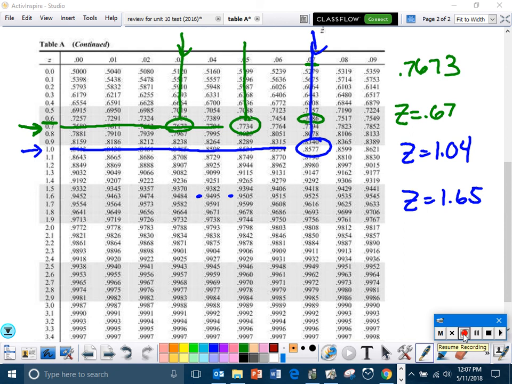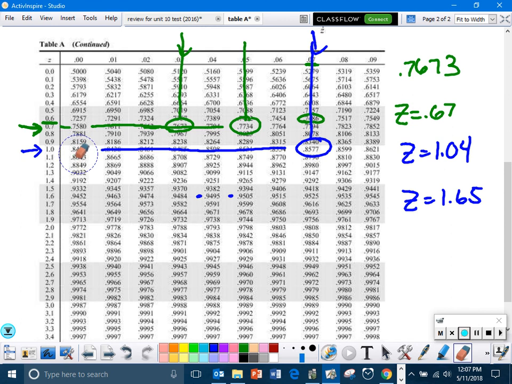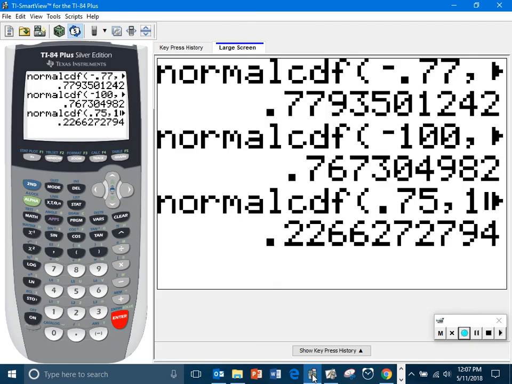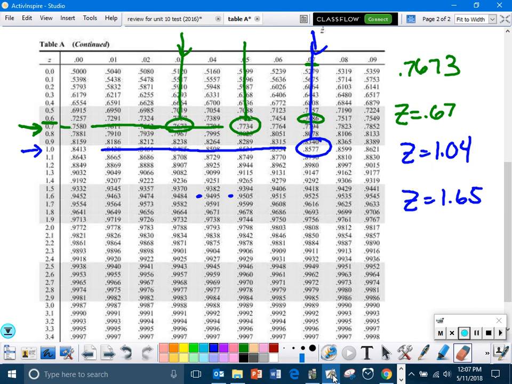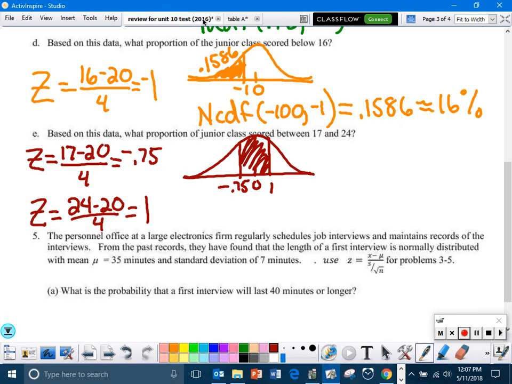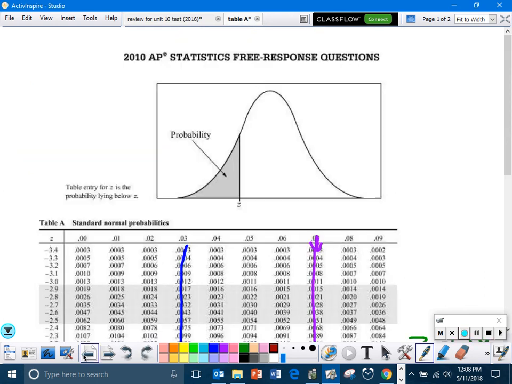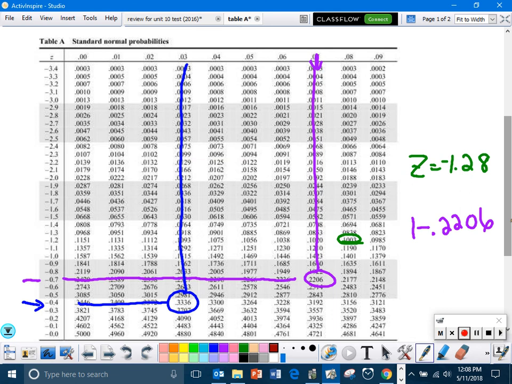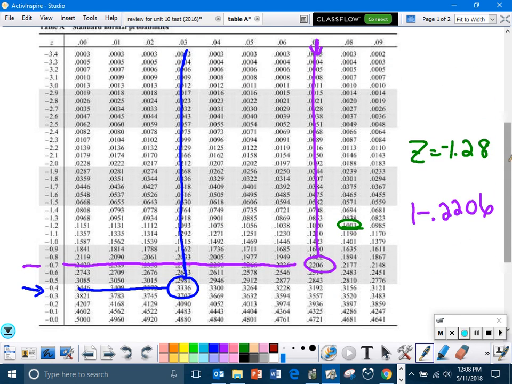All right, so we look up 1, okay, let me erase because I got some marks there. So 1 is 0.8413. Then I look up -0.75. All right, here's -0.7, and then we go to 5, which is right here.